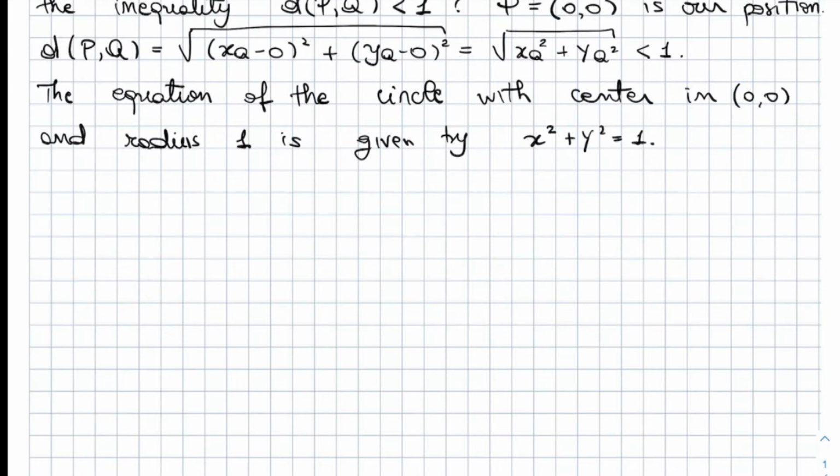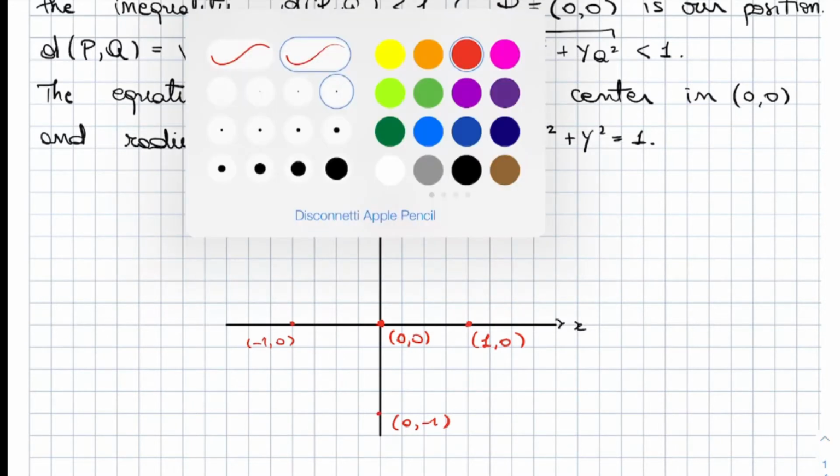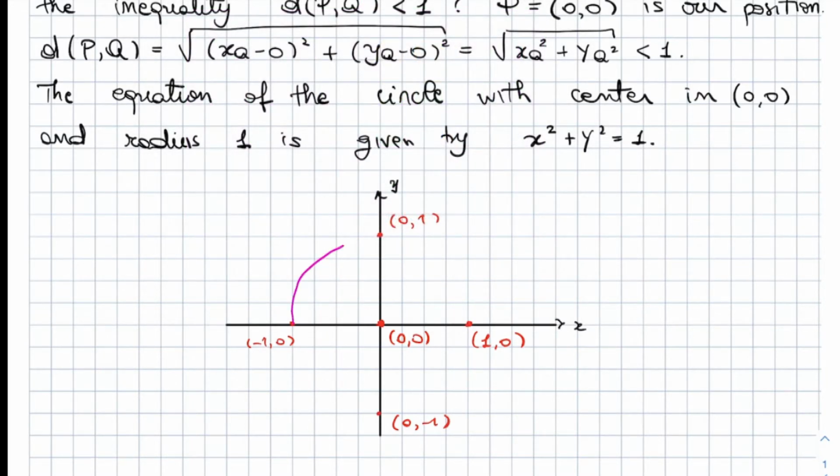Therefore, if we draw the picture of the y-axis and the x-axis, and we take the point (0,0), and we decide that here it's (1,0), then here there will be (0,1), here (-1,0), and here (0,-1), then the circle of radius 1 and center in (0,0) is this circle.